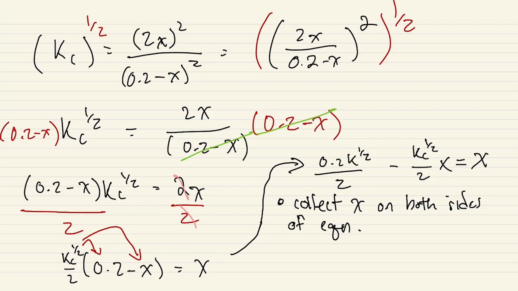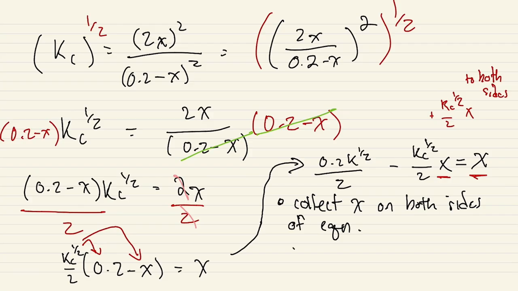When we collect powers of x, that just means that we need to collect anything that has x next to it on one side of the equation. So we can add Kc to the 1/2 over 2 x to both sides. We do that because we know it cancels out on the left-hand side.